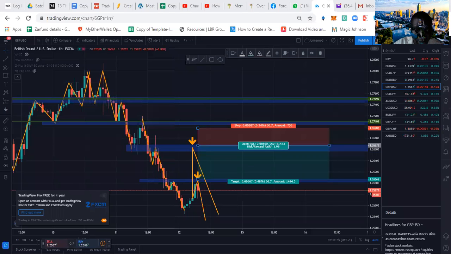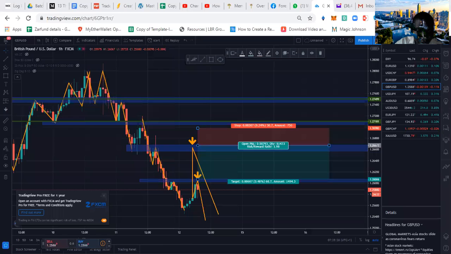GBP USD price is 1.26670. Take profit is 1.26066.